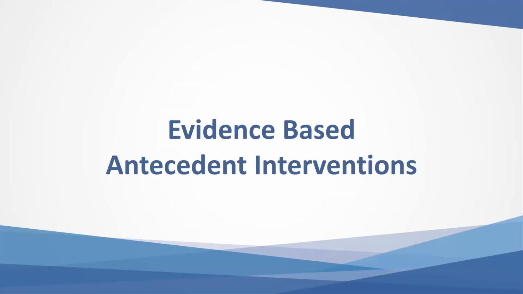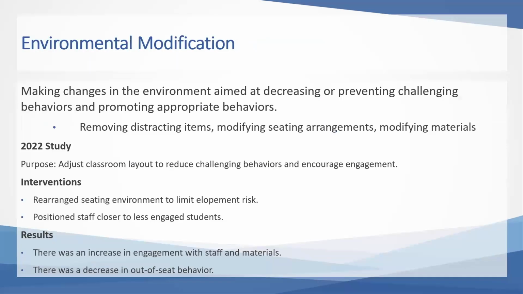Let's start looking at some evidence-based antecedent interventions. So first, we're going to look at environmental modifications. These are the changes we make to the classroom environment to decrease or prevent challenging behaviors while also promoting appropriate behavior.